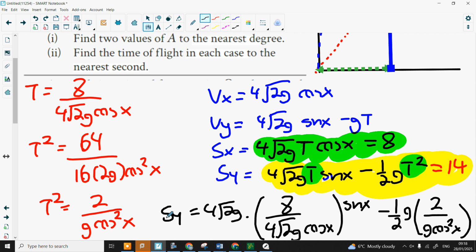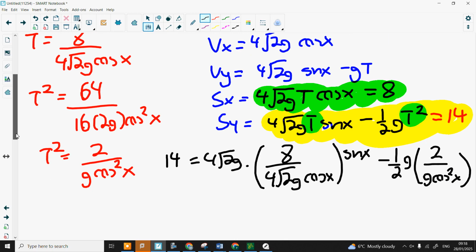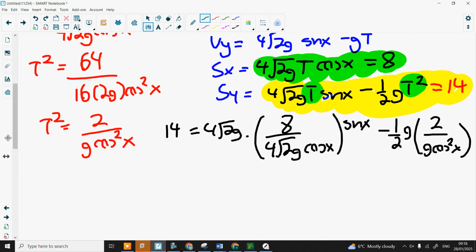See that sy? What can I change that into? We know it's 14, don't we? Now, this is where something that's really difficult looking, all of a sudden will become very easy. What cancels out? And what does this become?